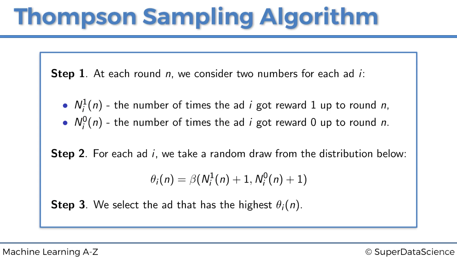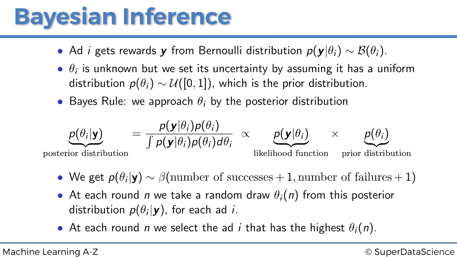So step 2 is, for each ad i, we take a random draw from this distribution below, which is the beta distribution. And why is that? It's because we have two important assumptions here, which are related to Bayesian inference. So the first assumption is this first line here. We suppose that each ad i gets rewards from a Bernoulli distribution of parameter theta_i, which is the probability of success.